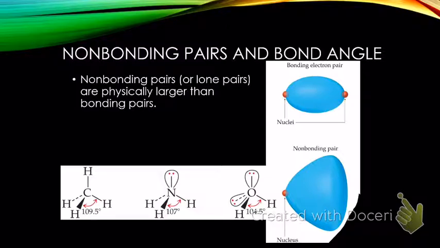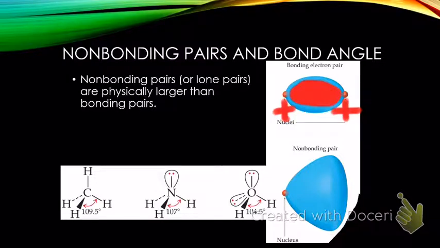So if this would be a bond, say, between a carbon and a hydrogen, for example, the electron density is between the 2 nuclei, and the nuclei are positively charged. The electron density is attracted to this, and so it's kept in check. It's only in a certain limited space.